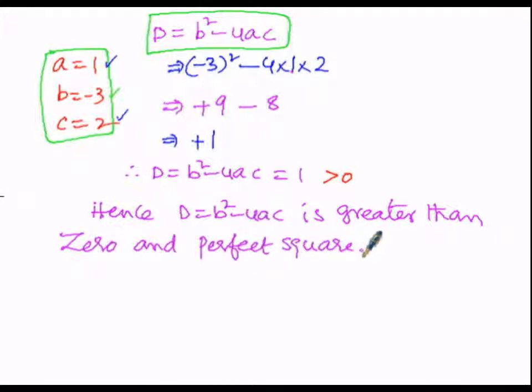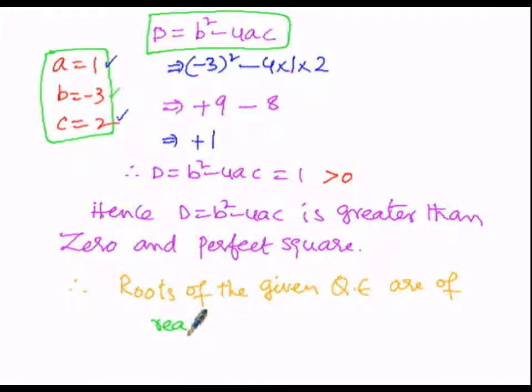Therefore, since it is greater than 0 and a perfect square, the roots of the given quadratic equation are real, unequal and rational. So in this manner, we have performed a few problems based upon the nature of the roots of a quadratic equation.